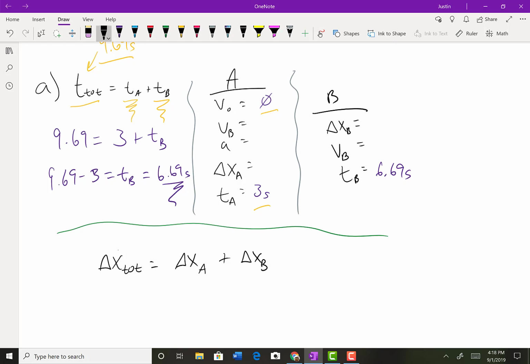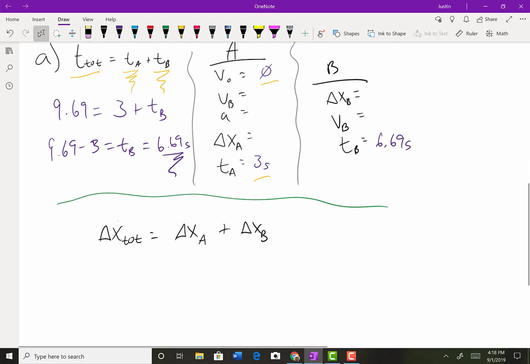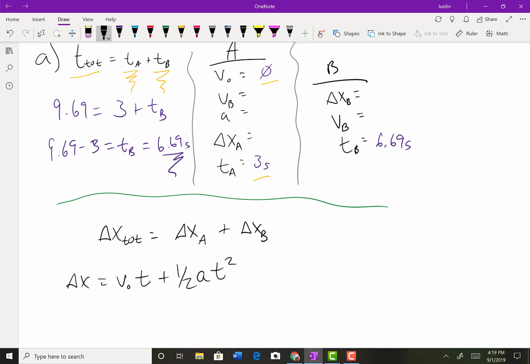Now I'm going to use that equation of motion stuff. I'm going to use the displacement form, which says the displacement is equal to the initial velocity multiplied by the time plus 1/2 times the acceleration times the time squared.